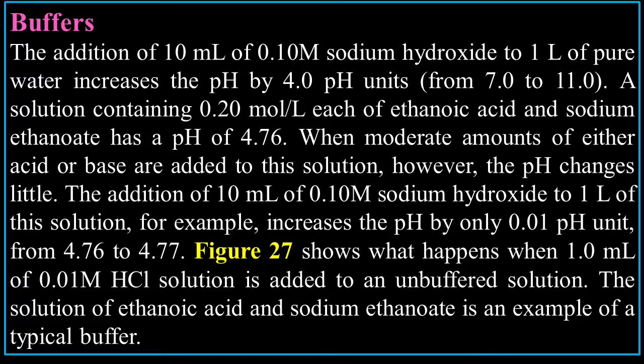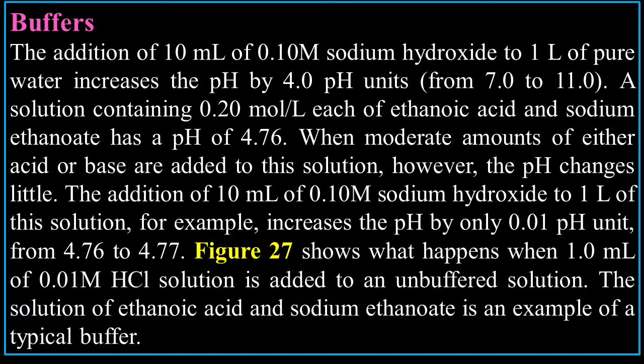When moderate amounts of either acid or base are added to this solution, however, the pH changes little. The addition of 10 milliliters of 0.1 molar sodium hydroxide to 1 liter of this solution, for example, increases the pH by only 0.01 pH unit, from 4.76 to 4.77.